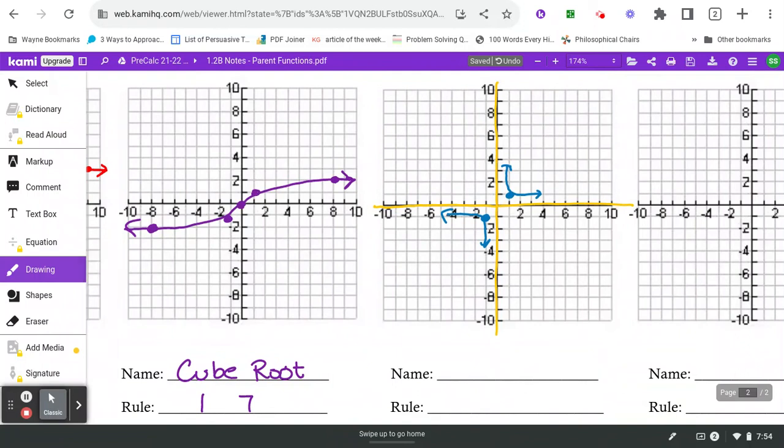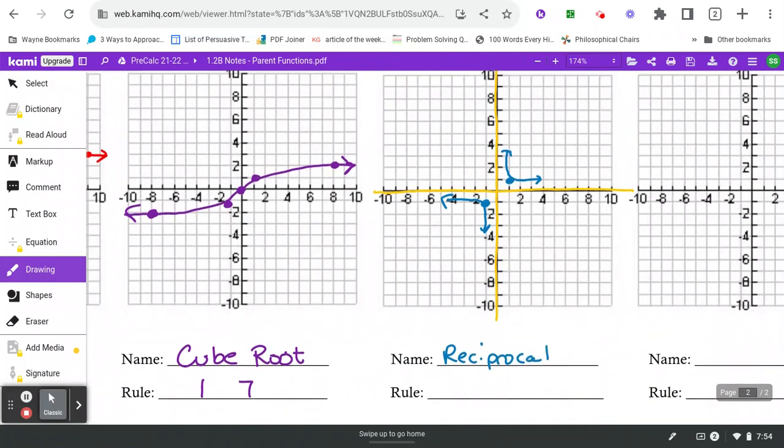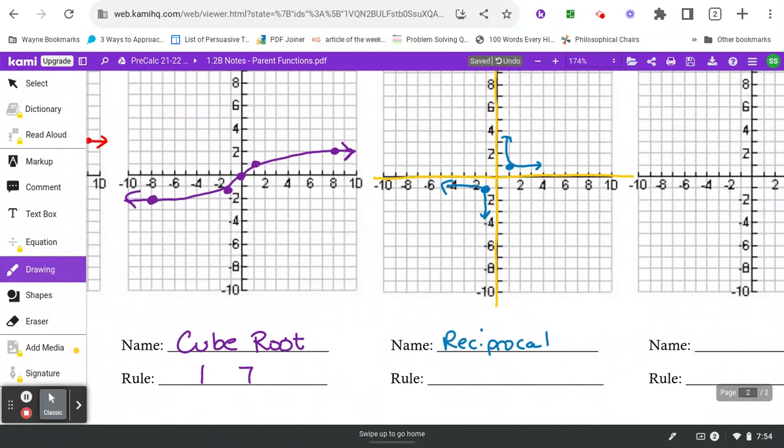The official name for this one is called the reciprocal function. I don't really have a good rule to go along with this one. You've got to remember the asymptote lines. That's always how I remember that graph. It has got the asymptote lines.